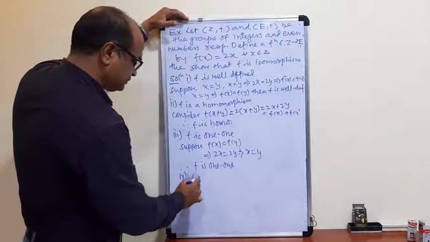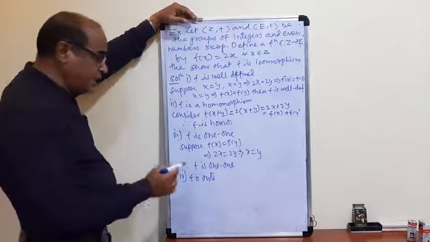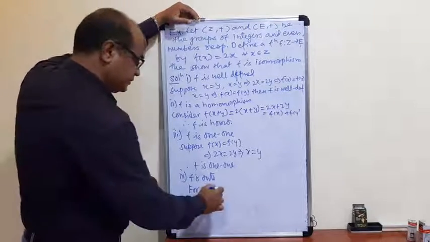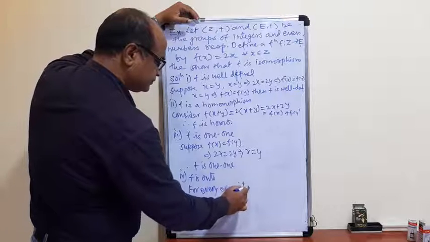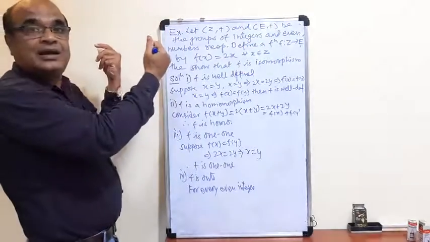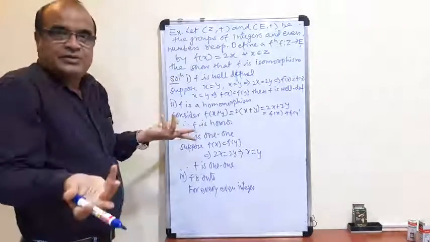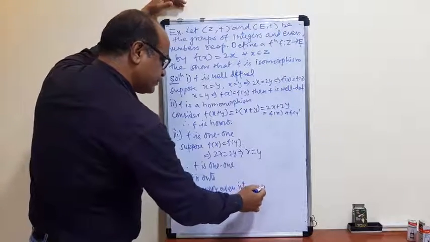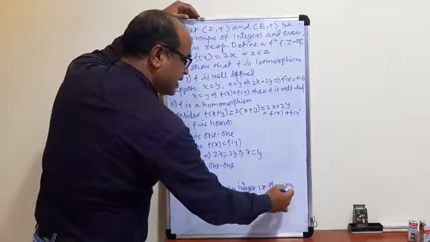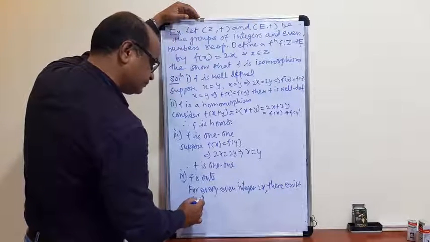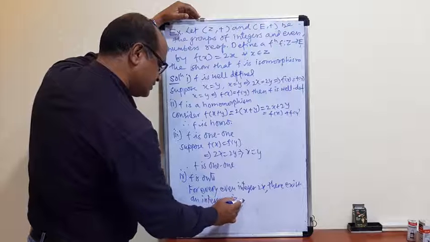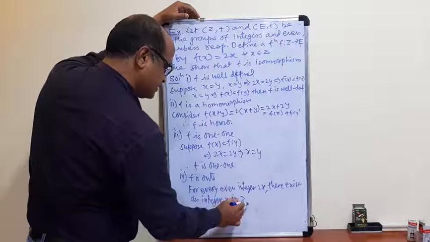So what is fourth? F is onto. For every even integer 2x in this set, we certainly have an integer x in Z. So no doubt, for every even integer 2x, there exists an integer x in Z. Okay, so f is onto.